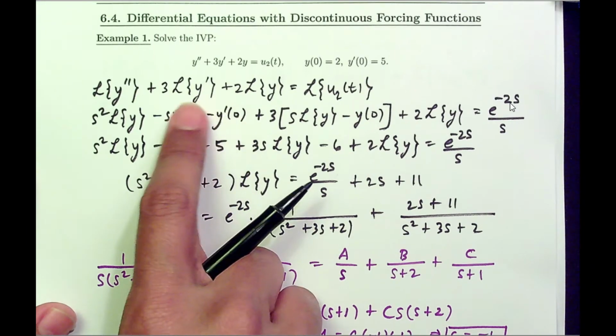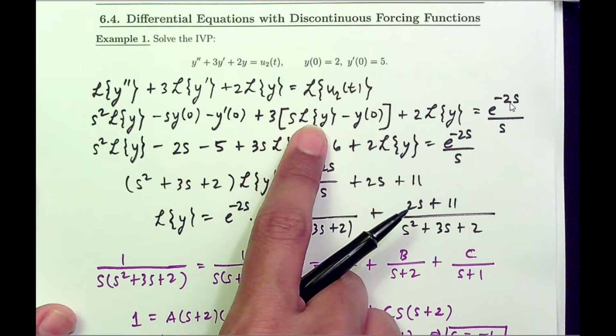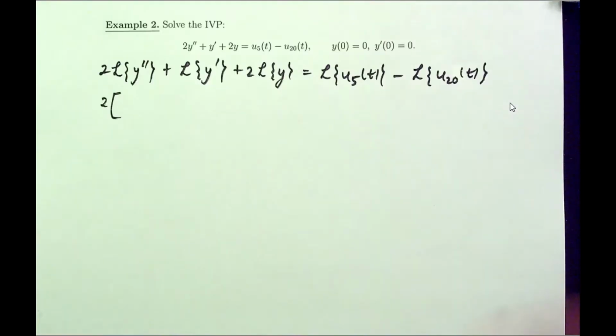And then what is the Laplace transform of y prime? It is s times the Laplace transform of y minus y of 0. So basically I'm just going to copy those.